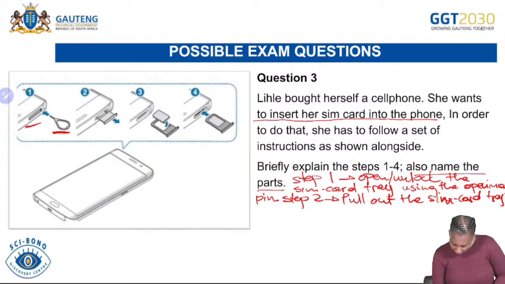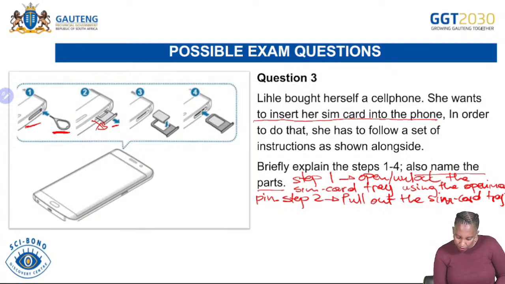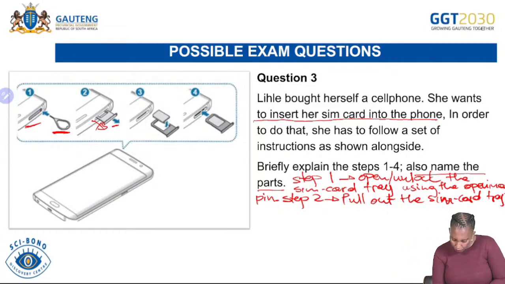This is step number 2. As you can see, we are pulling out this SIM card tray. The arrow shows us what to do. Even with step number 1, the arrow shows that we take this pin and then we unlock the SIM card tray with it. Now step number 2, we have to pull out this SIM card tray.